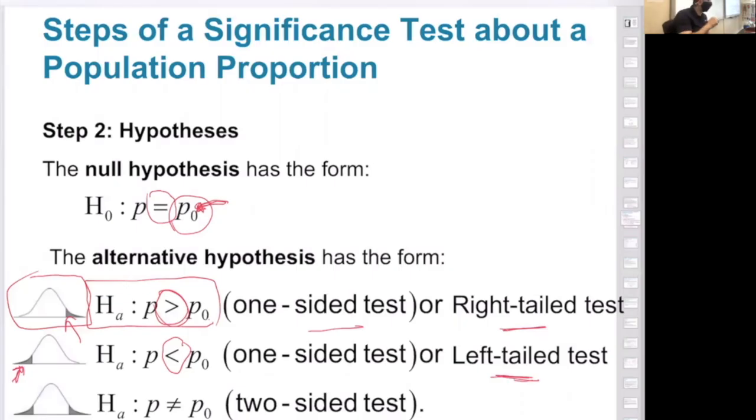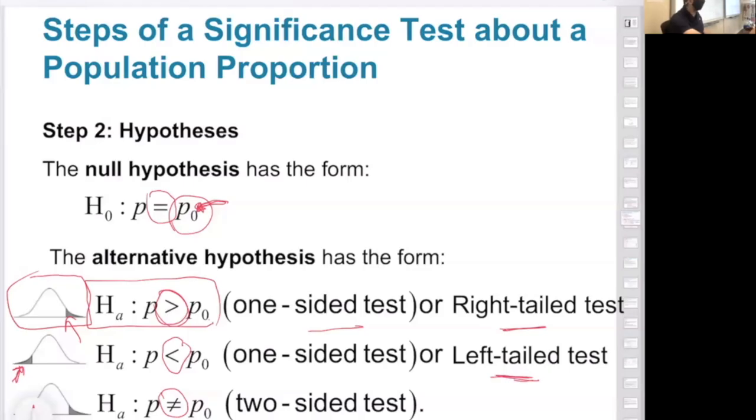And you will find the alternative hypothesis has not equal. Not equal, of course, maybe greater than or less than. So because of that, we have here two-sided, the two tails. We will use them to decide if it's a true or false claim. So these are our three types of hypothesis testing.